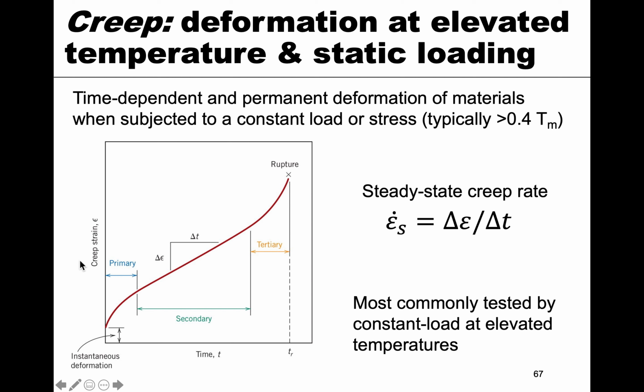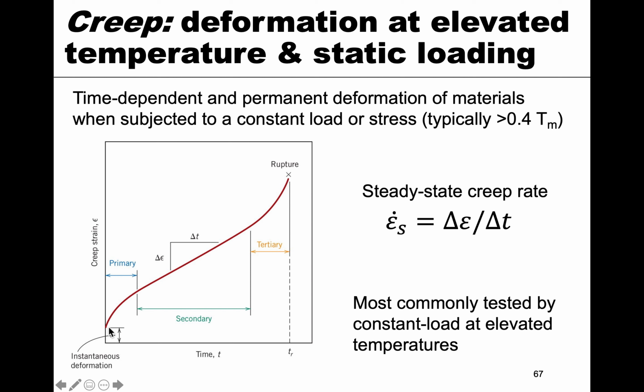And so we basically, under that applied constant load or stress at the given temperature, we can look at the creep strain epsilon as a function of time. And so this is kind of a typical curve that we might see. And so initially, as always, there's going to be an instantaneous deformation, right? So this is the kind of gap above zero that we see initially.